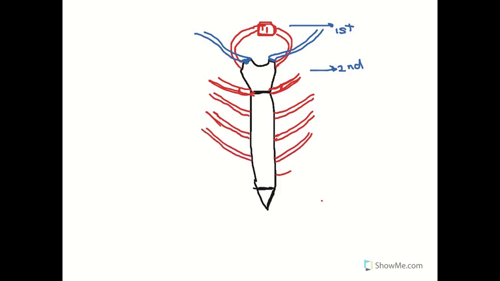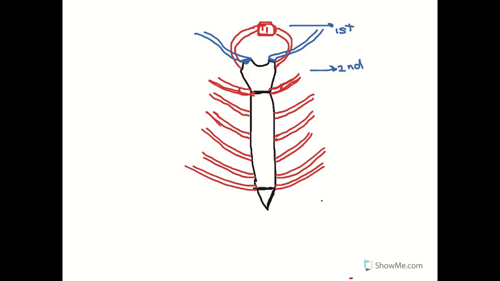And the sixth rib, and here at the junction between the body of the sternum and the xiphoid process is the seventh rib. This is the sixth rib on the opposite side, and this is the seventh rib.